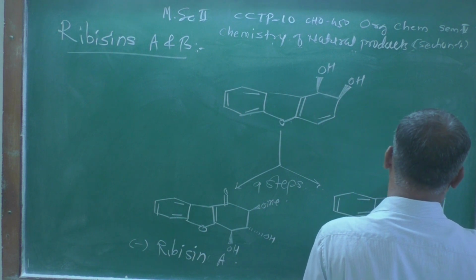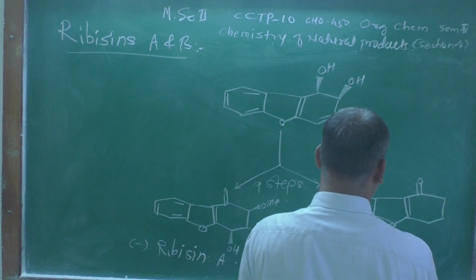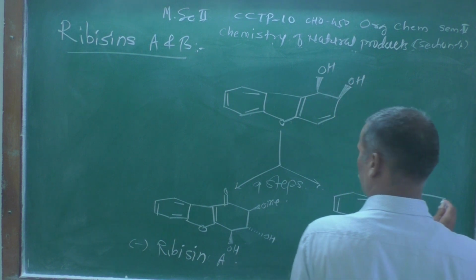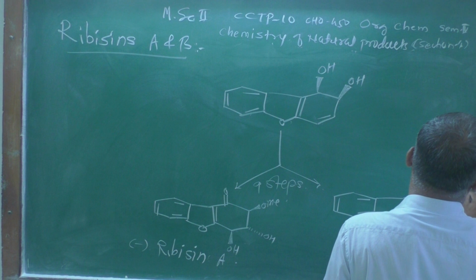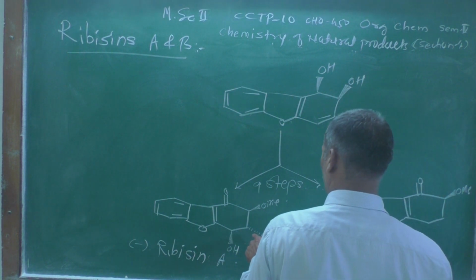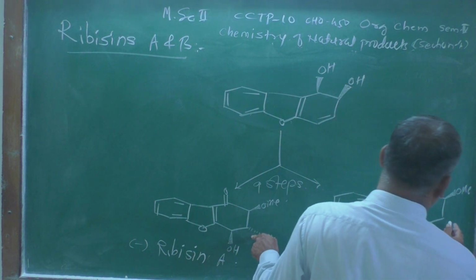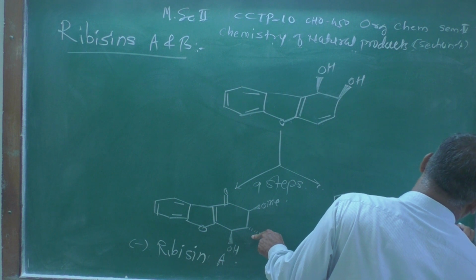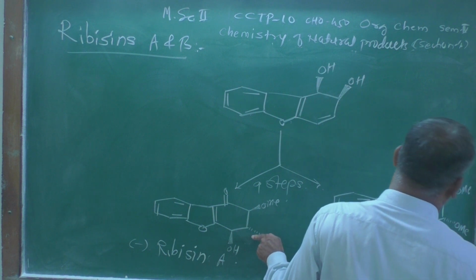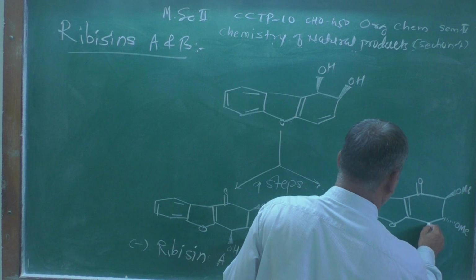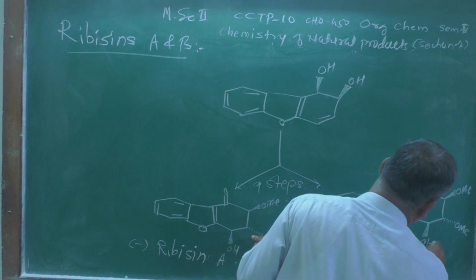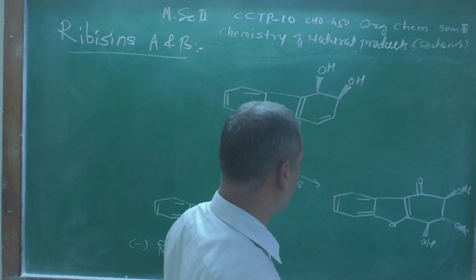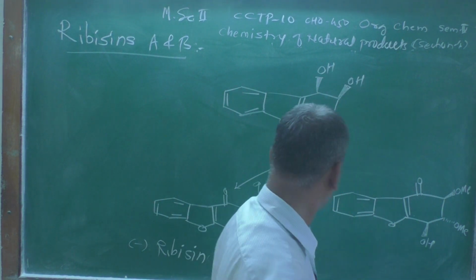Once again, C double bond O, an alpha-beta type of structure. Now this methyl group is above the plane, and here is OMe, another methoxy group, and this is a hydroxy group which is above the plane.